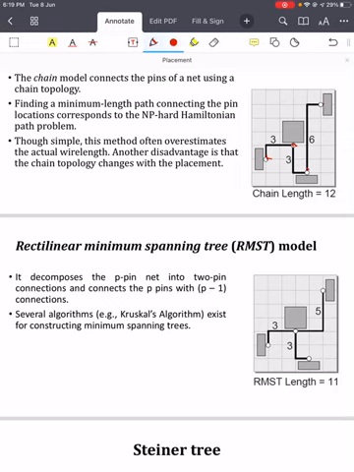Here you can see that for the same problem we have found a spanning tree. Basically four nodes, 4 vertices are there.